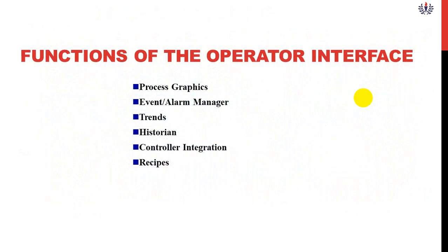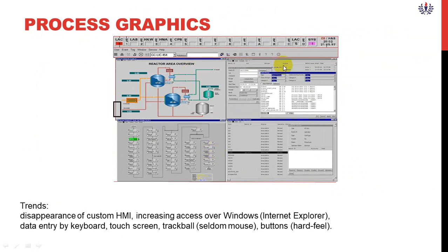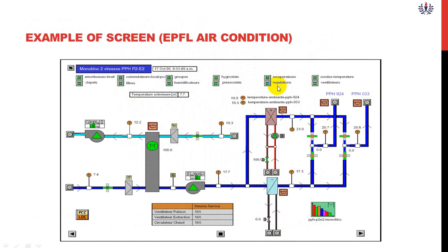So there are functions of the operator interface. This one I already explained. Process graphics also I already explained. These are items which I have included only for understanding. Please go through this PPT nicely. You see this picture. This is for air conditioning.